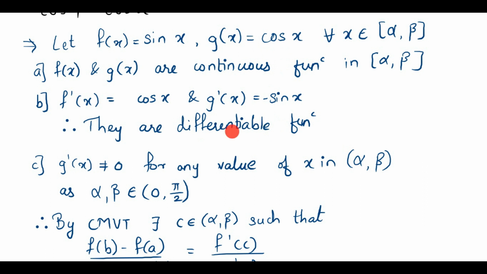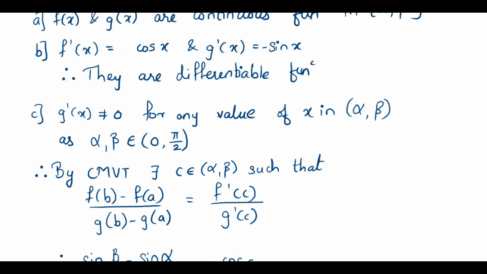Now we just have to verify the third condition, that g dash of x, the derivative of g of x, should not be equal to 0. So g dash of x is not equal to 0 for any value of x in alpha and beta, as alpha and beta belong to 0 to pi by 2. It was given in the question.